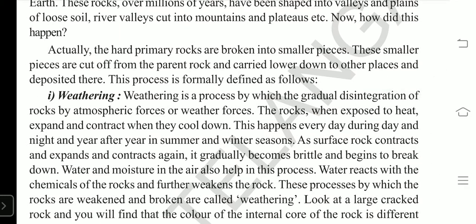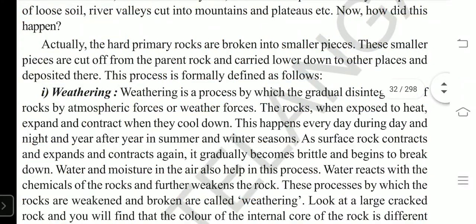Okay, dear students, weathering and erosion are different. Understand? See the spelling also: weathering, not whethering. Weather is the status of the atmosphere. Weathering means it is a process, understand.